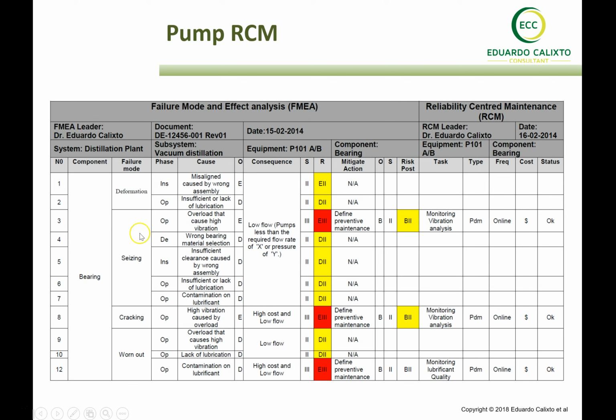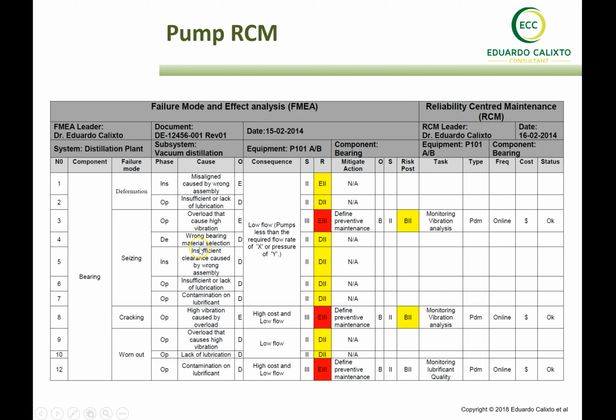So we can see that the seizing can have different causes, such as insufficient lubrication or contamination of lubrication, that will probably request different types of action. Here, of course, the main issue is to have a procedure and follow up the lubrication procedures to avoid seizing, but concerning vibration, we have a totally different recommendation.